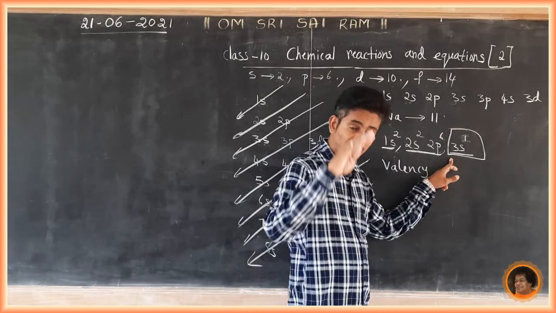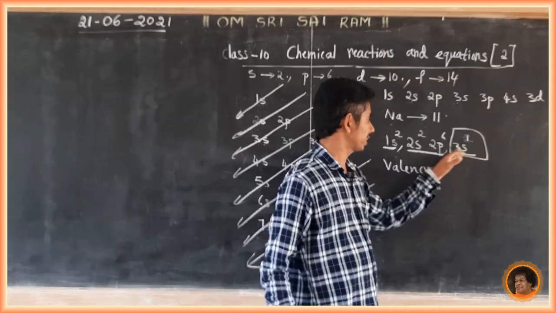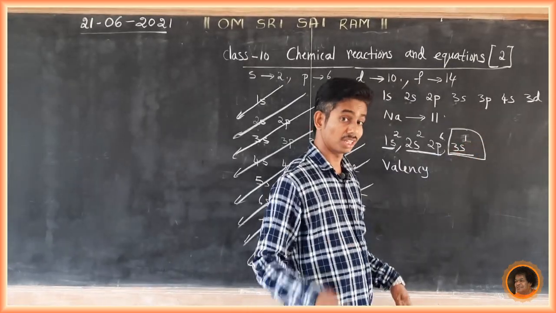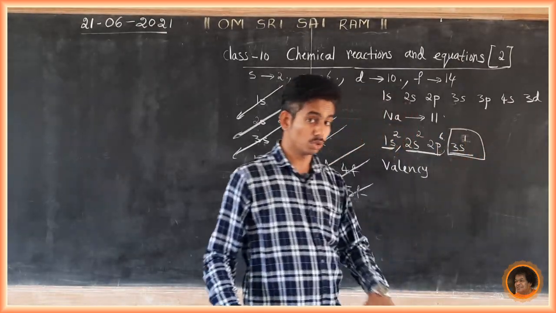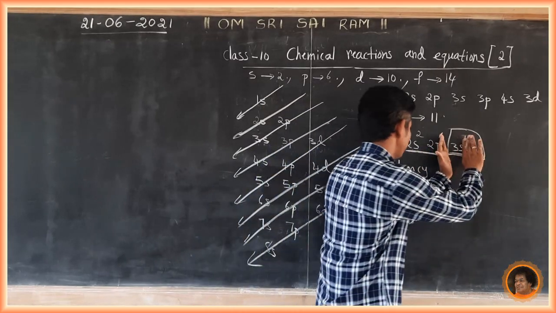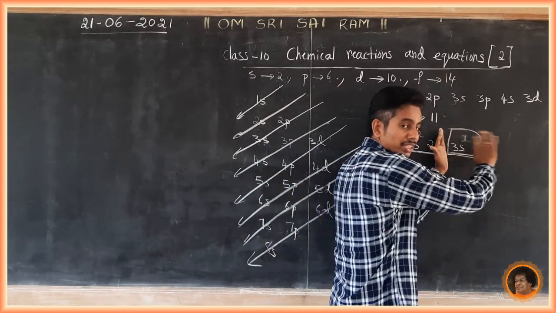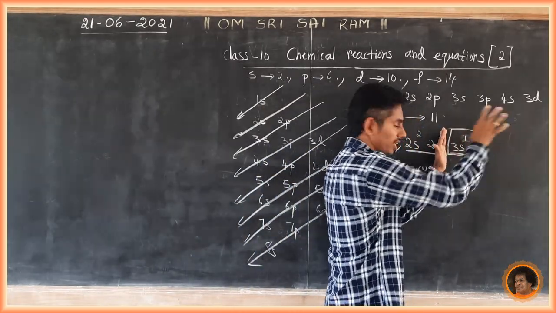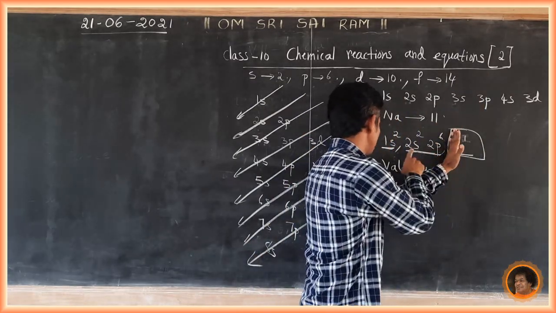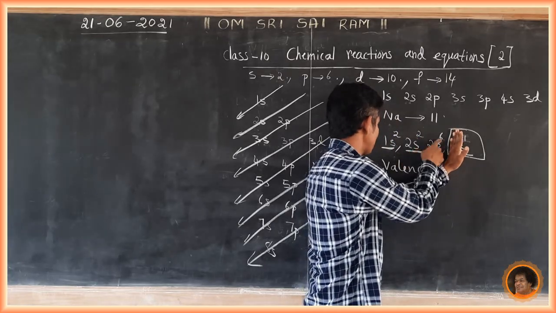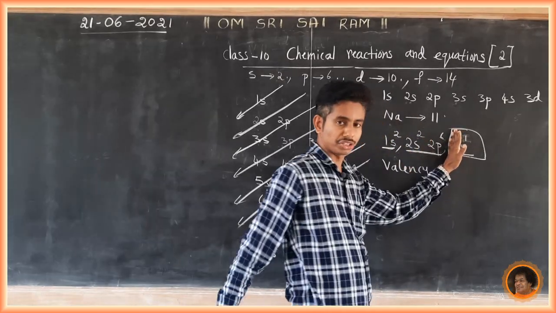Otherwise, another possibility is, if it loses 1 electron, then 3s1 is cancelled. So there is no third shell because 1 electron is lost. So, second shell, 2 plus 6, 8. So, it gets the octet structure.